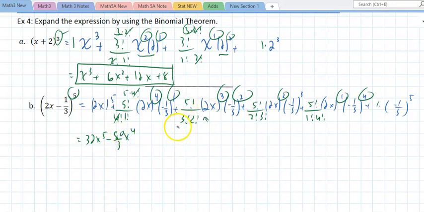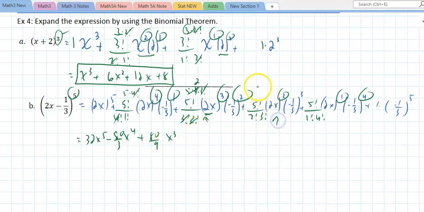This is 5 times 4 times 3 factorial. Those cancel out. 2 divides 2 times, that's 10. 10 times 8, that's 80 over 9x cubed.